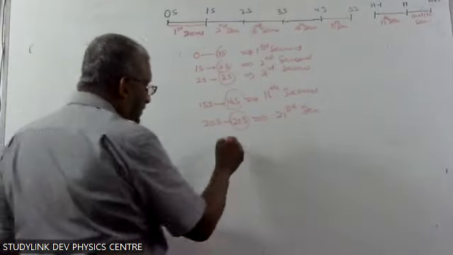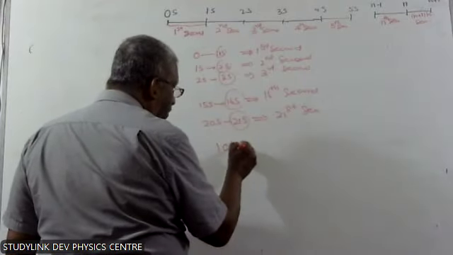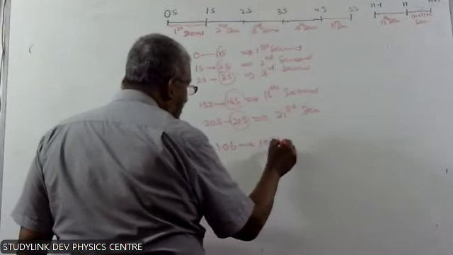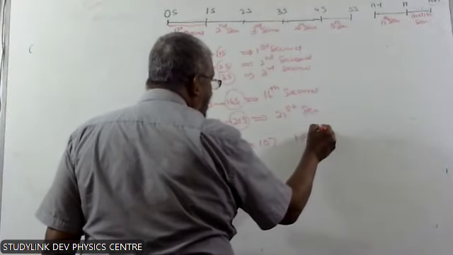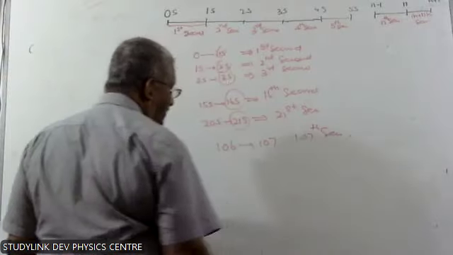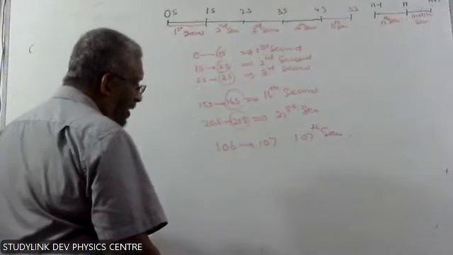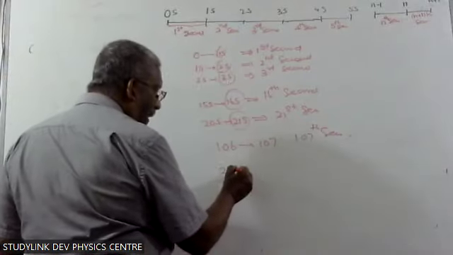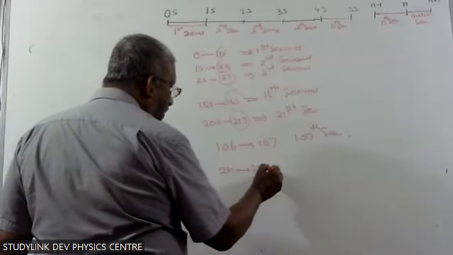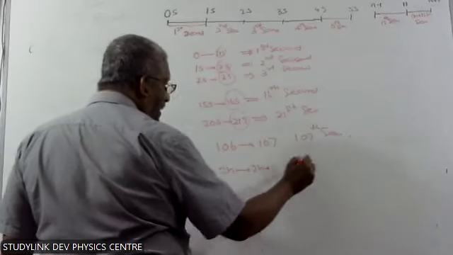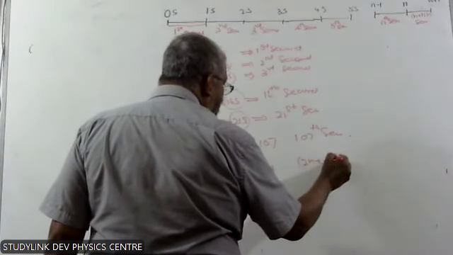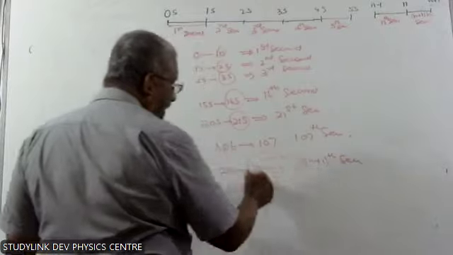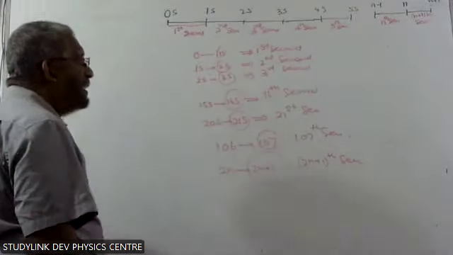Then if you say 106 to 107, then it is the 107th second. 2n to 2n plus 1: increase by 1 always. Then it is the 2n plus 1 second. Like that, the name is given. Note it down.